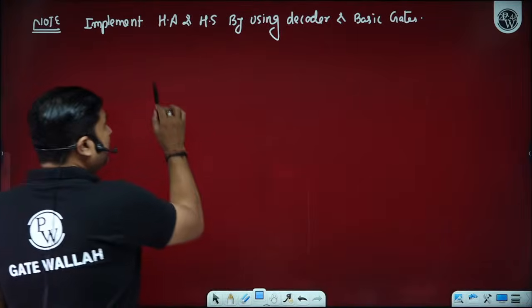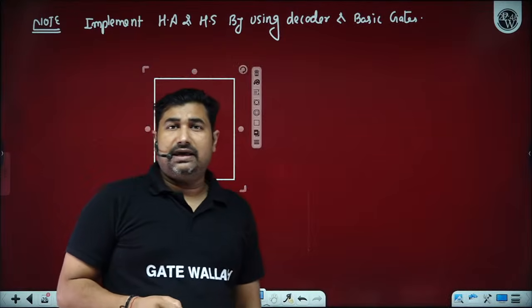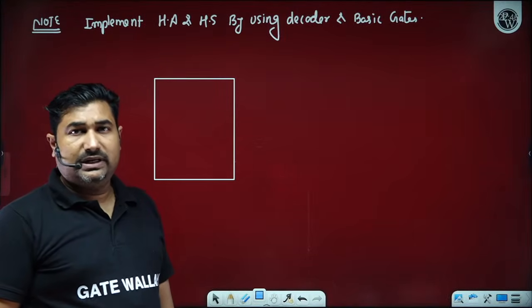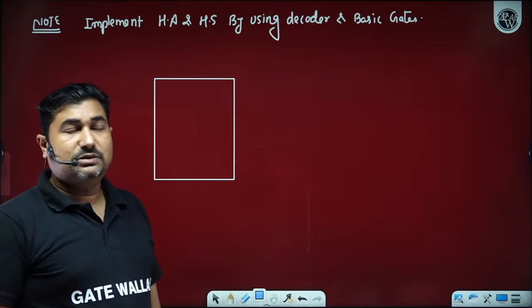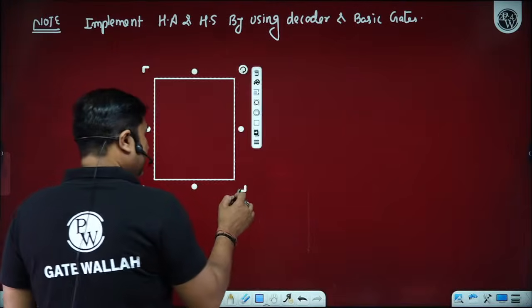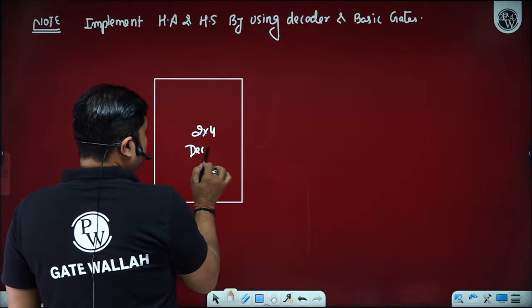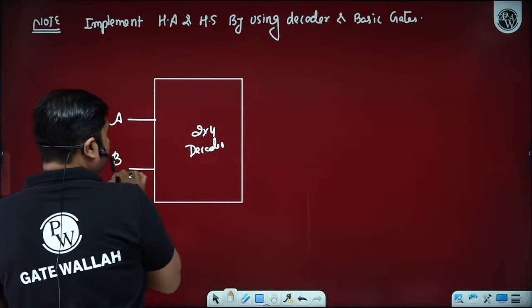Yes, sir. Half adder means we need a sum and a carry. Sum is A bar B plus A B bar, that is A XOR B, as a sum or a difference, and a borrow is A bar B and a carry is AB. So sir, we can use a 2 cross 4 decoder. If we use a 2 cross 4 decoder, we have all the possibilities of AB.